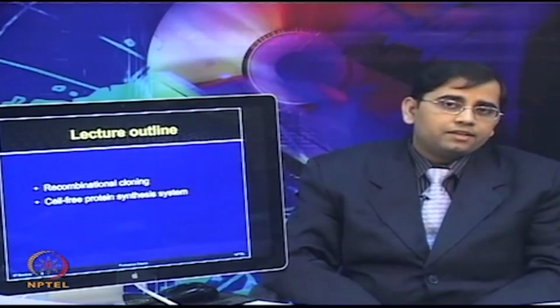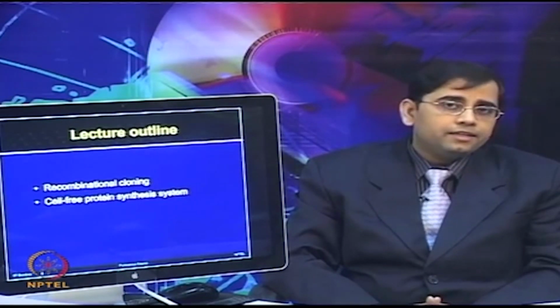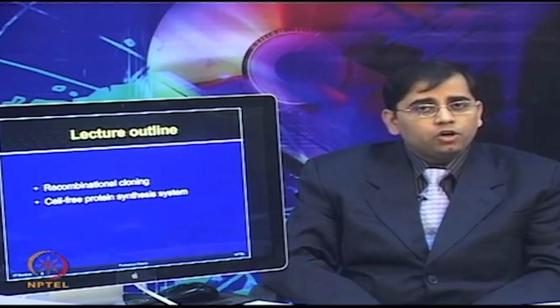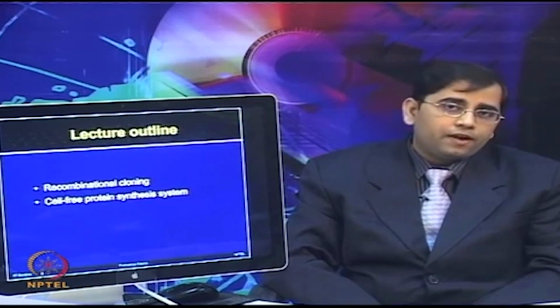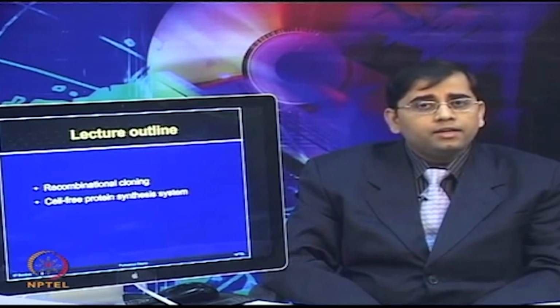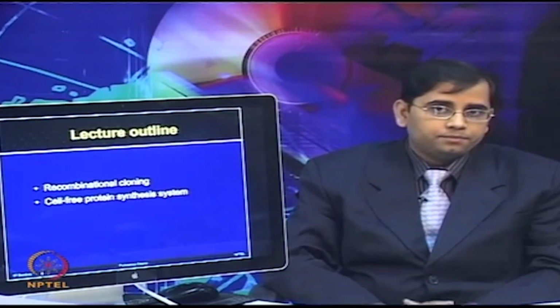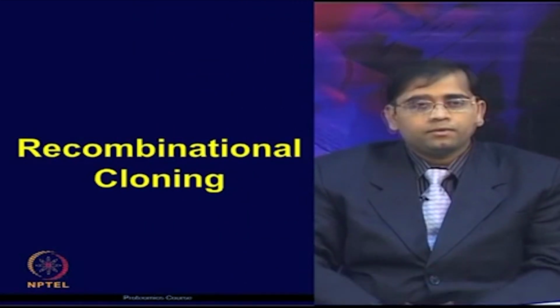So, researchers have started to create such large collections of cDNA by using recombinational cloning, which allows very rapid transfer of DNA fragments from one vector to another in a very short time. So, let us start our discussion with recombinational cloning.